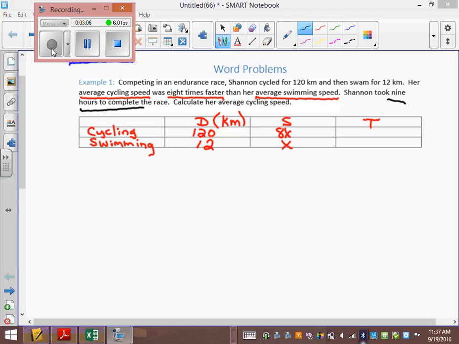So is that the time it took her to swim or to cycle? Total time. So they either give you that these two times are equal, which is not the case, or they give you the total time, which is 9 hours, or they'll tell you it took her this much longer to cycle than to swim. Okay? So we have total time here.